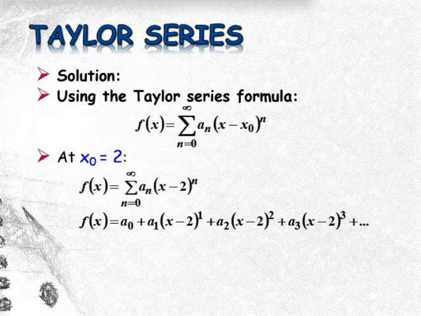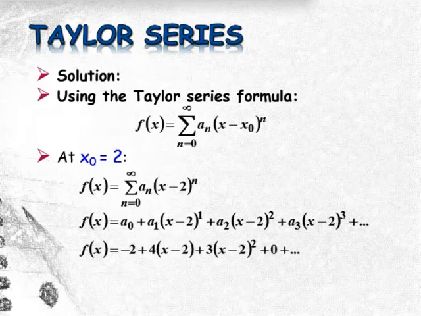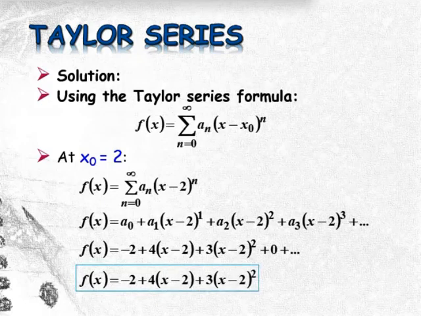We then substitute the values that we get for a sub 0, a sub 1, a sub 2. So we end up with f of x equals negative 2 plus 4 times (x minus 2) plus 3 times (x minus 2) squared plus 0 and so on. Therefore, your Taylor series is given by f of x equals negative 2 plus 4 times (x minus 2) plus 3 times (x minus 2) squared.